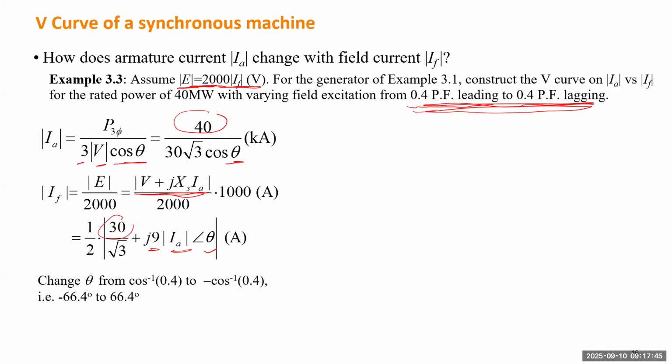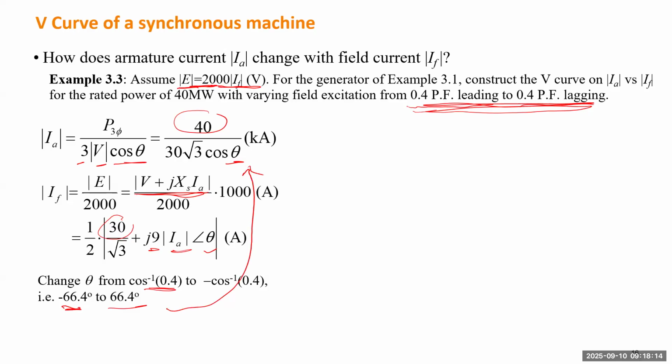Next, we want to change theta such that the power factor will change from 0.4 leading to 0.4 lagging, which means the angle will change from negative 66.4 degrees to a positive 66.4 degrees. So we just plug in those angles. You determine the interval or step to increase the angle from negative to positive, and you give those values to the first equation.